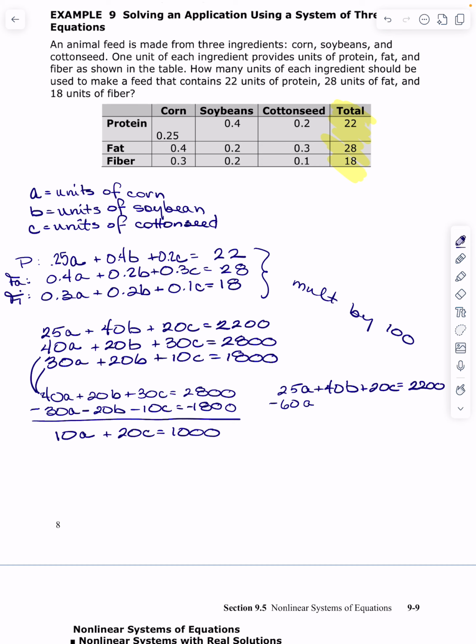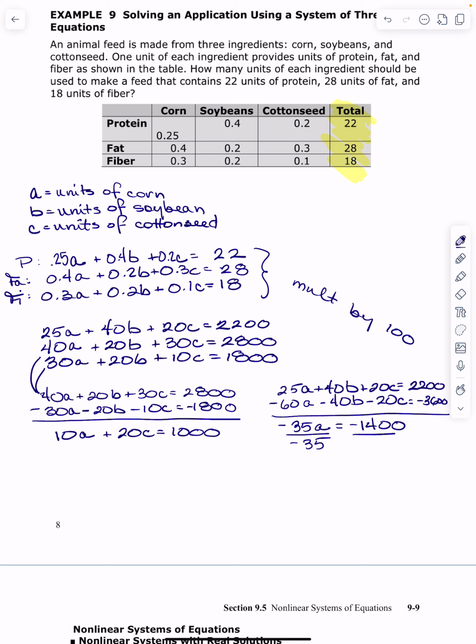So I get -60A minus 40B minus 20C minus 3600, which gives me a negative 35A. B and C cancel out, and I get negative 1400.